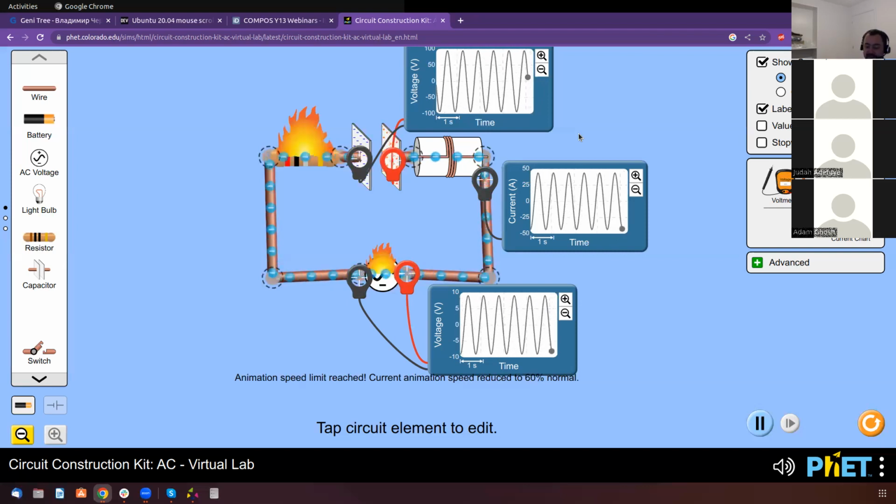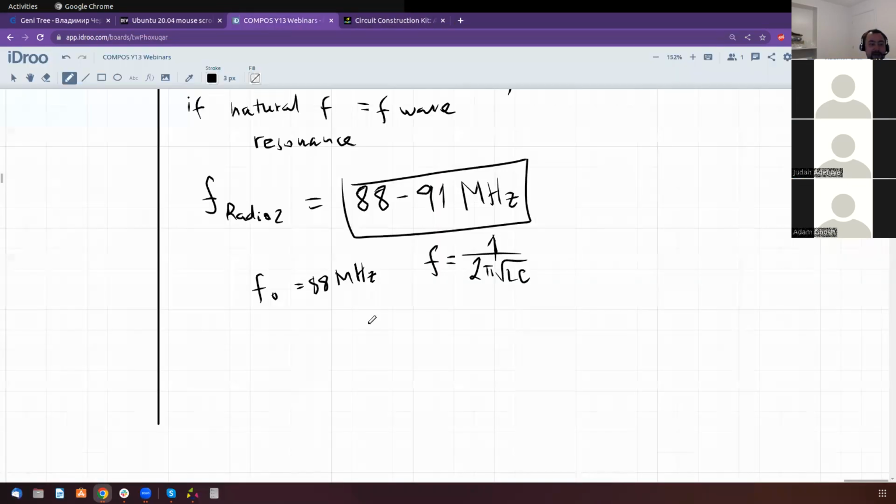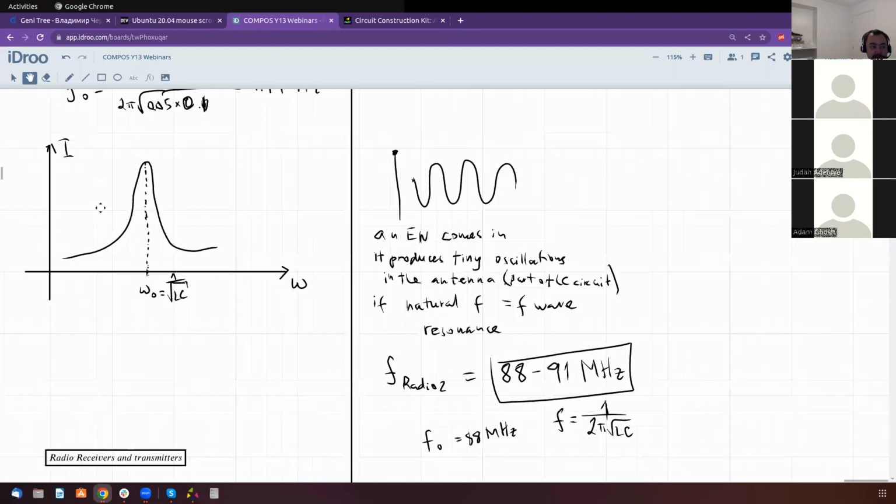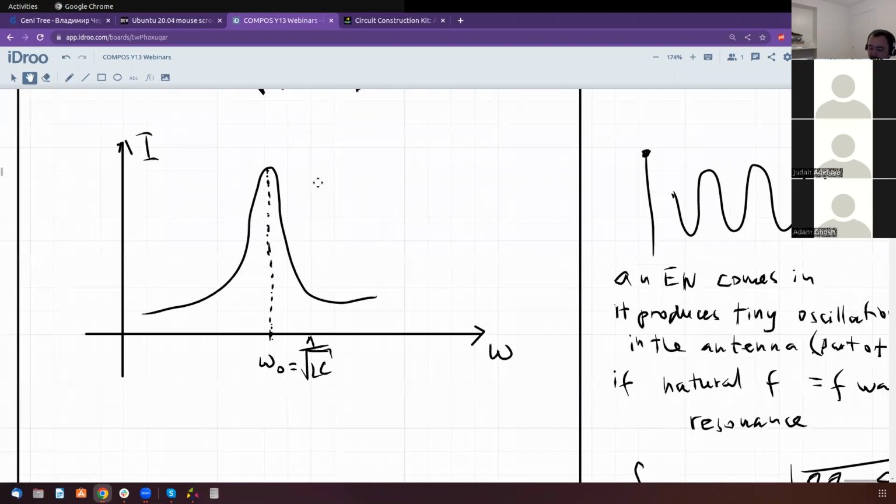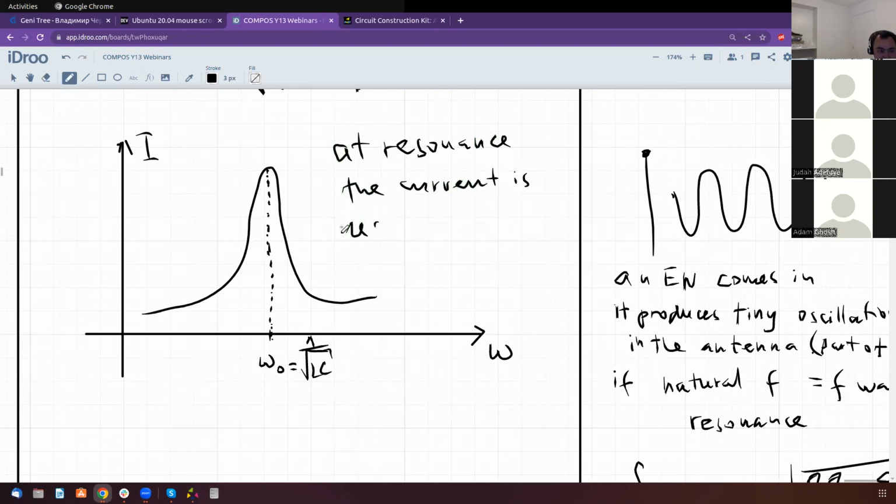You would see resonance, and that resonance means that at resonance the current is sufficient to produce a sound.